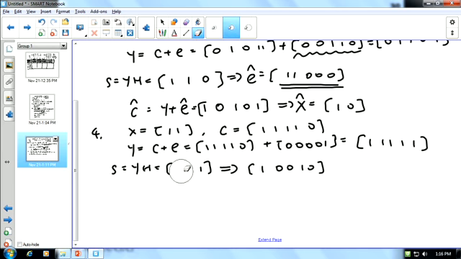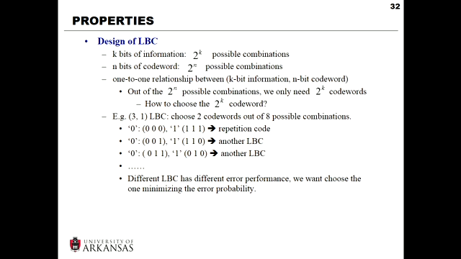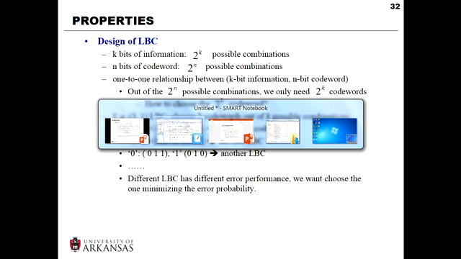So basically, by picking 2 code words out of these 8 possible combinations, you will have a new linear block code. So how many codes do we have in this case? 8 choose 2. That's the total number of codes that we can have, and 8 choose 2 is pretty easy to calculate. We have 28 possible combinations, so we can design 28 possible codes. So which one is the best? That's the question.